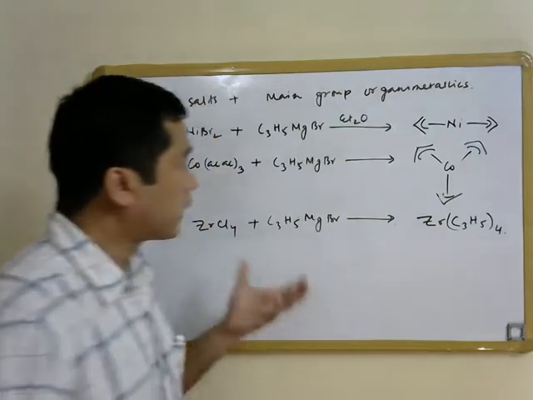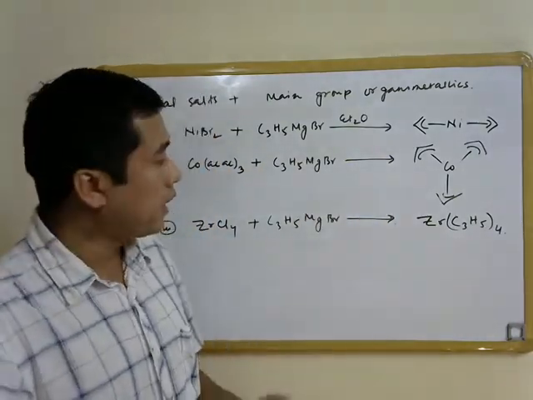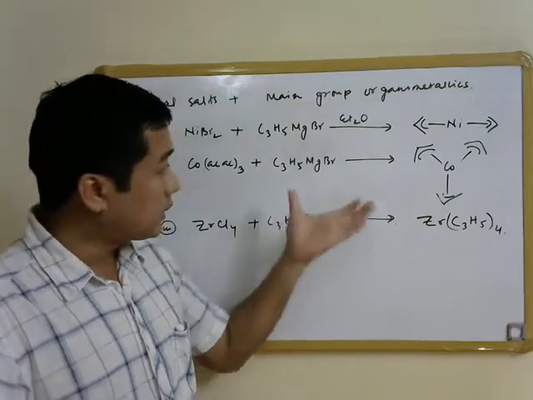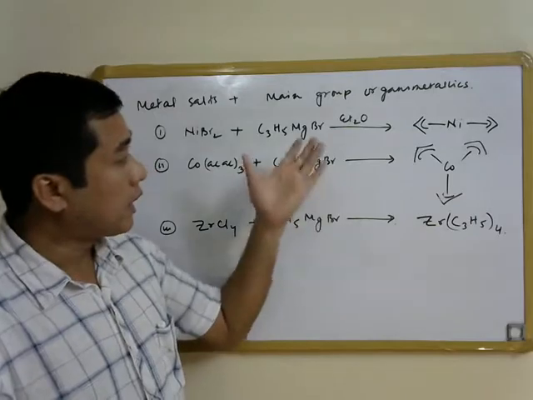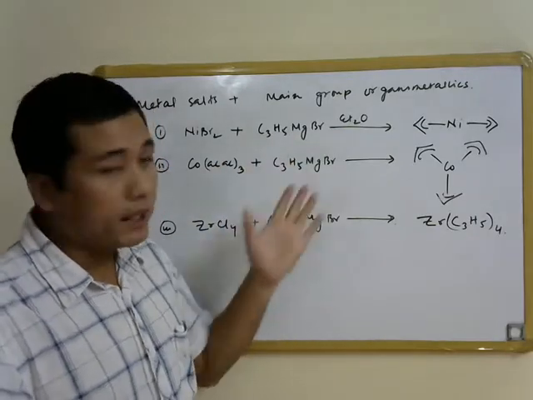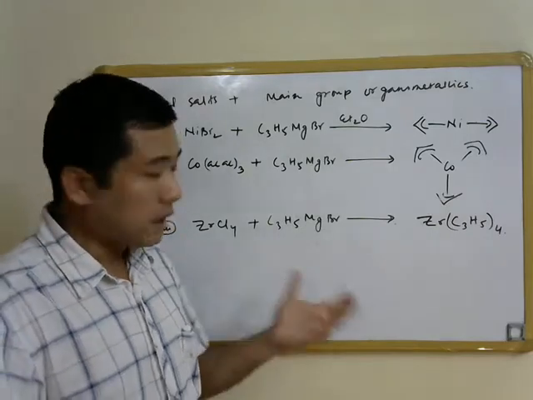So this is how one can prepare diallyl, triallyl as well as tetraallyl metal complexes. That is, these are all binary metal allyl complexes. We see that there are no other ligands apart from the allyl ligand present in these complexes, and that is why they are binary metal allyl complexes.